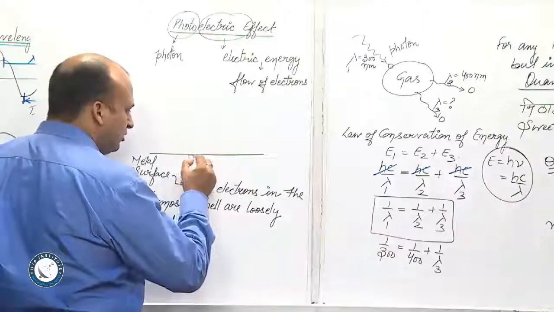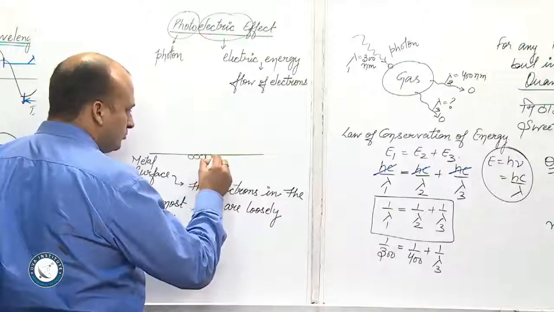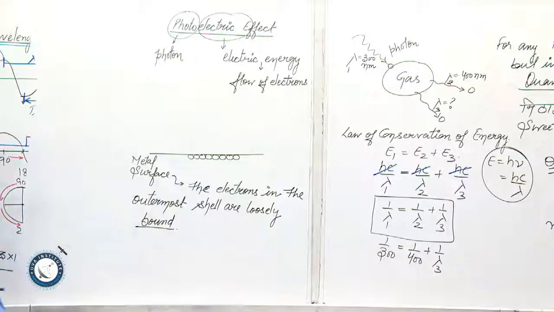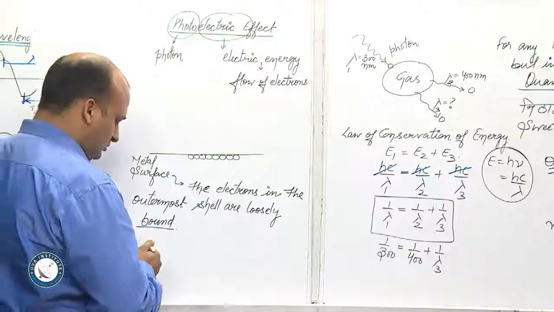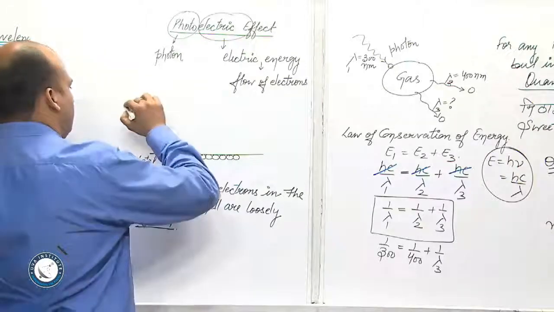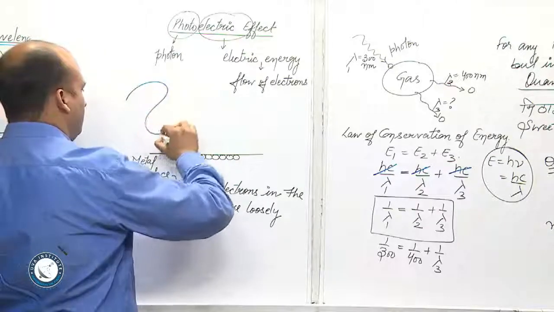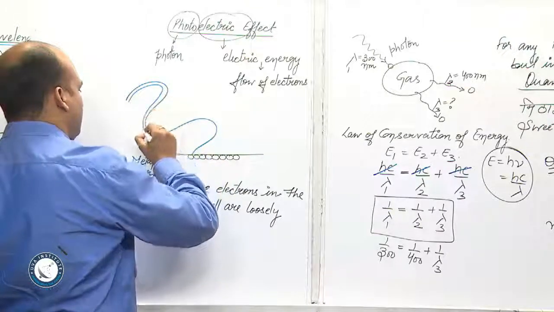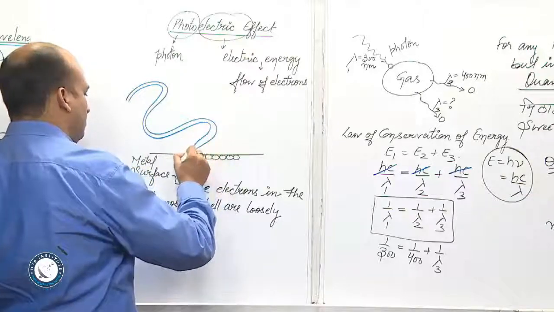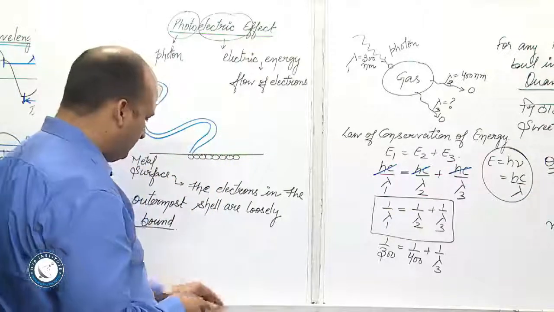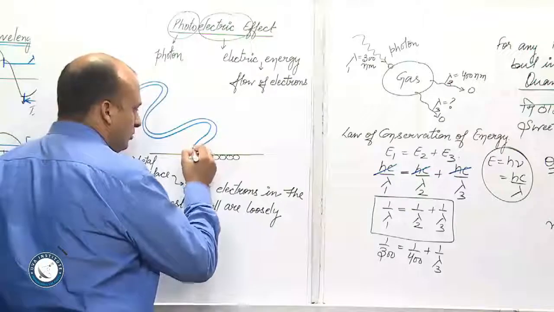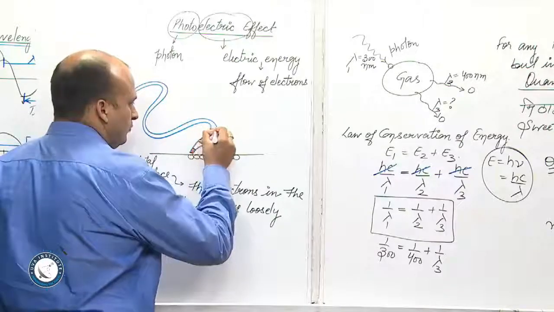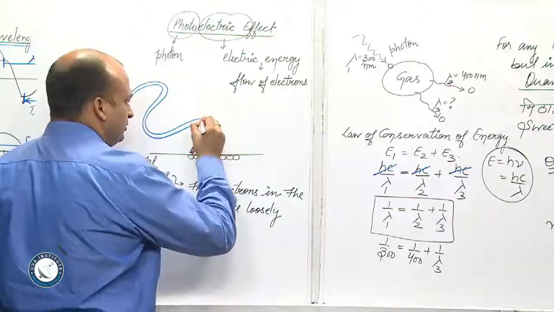So let us say these are the electrons, and now what happens? Wave comes and strikes. Now this is not a wave, this is basically photons having some packet of energy.